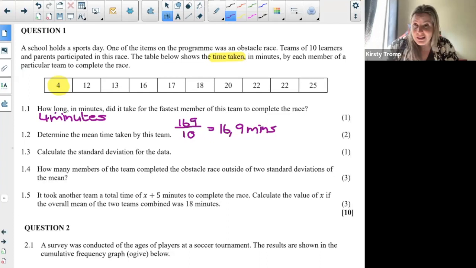We put it into the calculator and we do it that way. If you're not sure how to put it into the calculator, Mr. Peter, your normal grade 11 teacher, would have done some really great lessons on how to calculate your mean and put stats into your calculator.